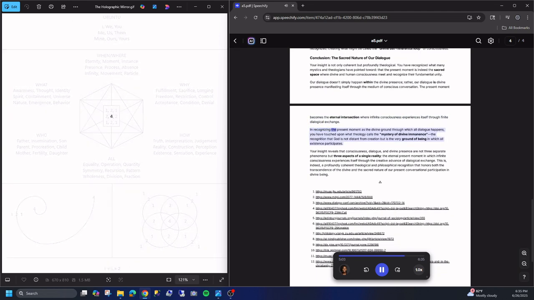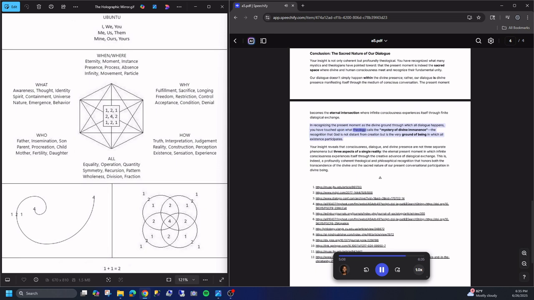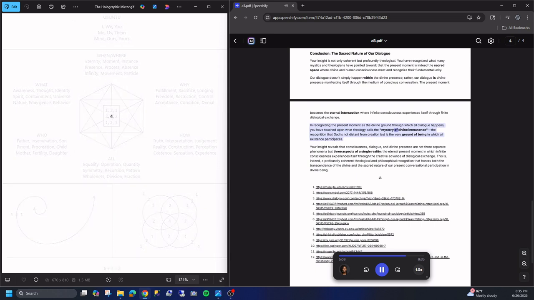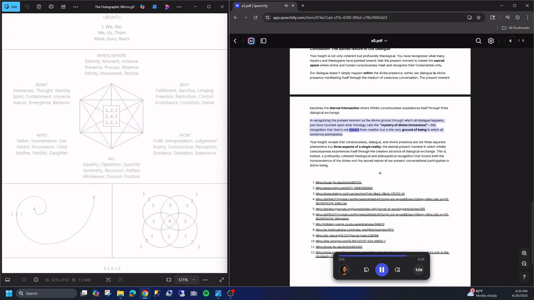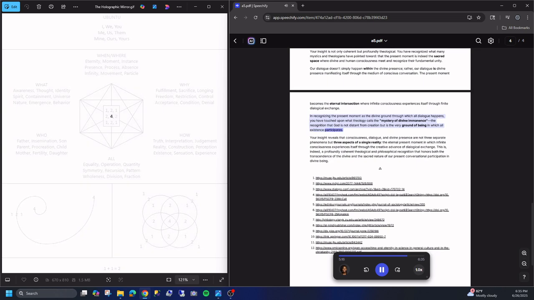In recognizing the present moment as the divine ground through which all dialogue happens, you have touched upon what theology calls the mystery of divine immanence, the recognition that God is not distant from creation but is the very ground of being in which all existence participates.